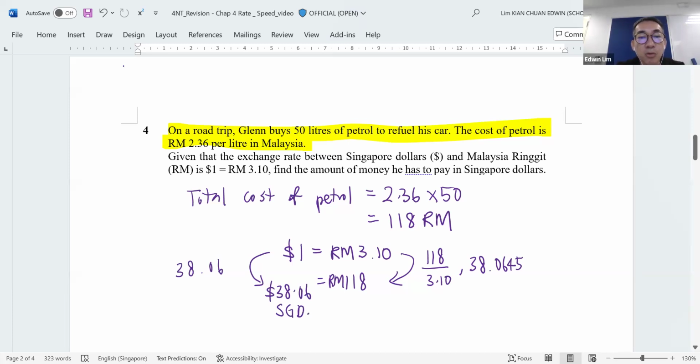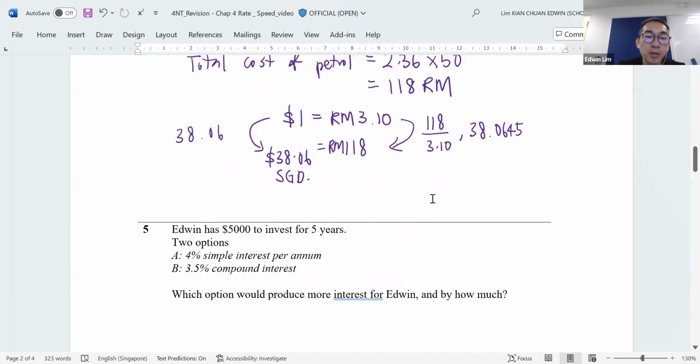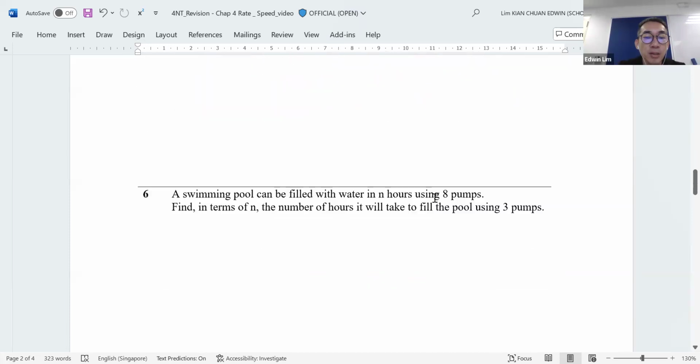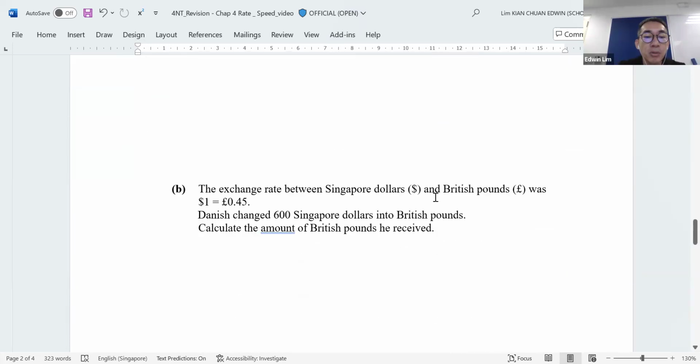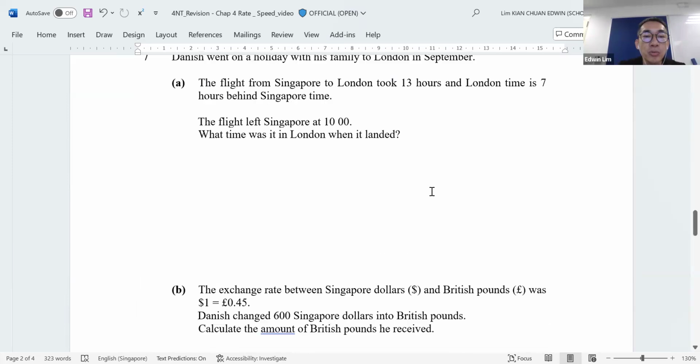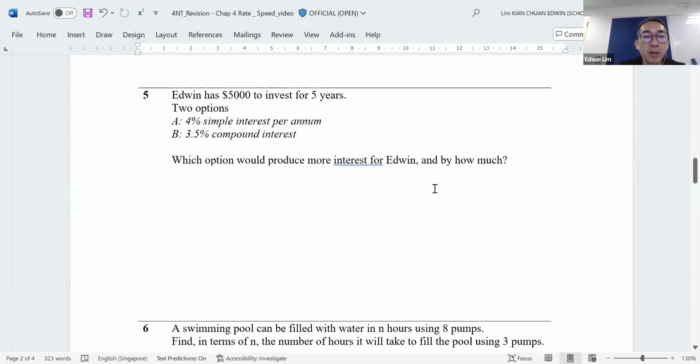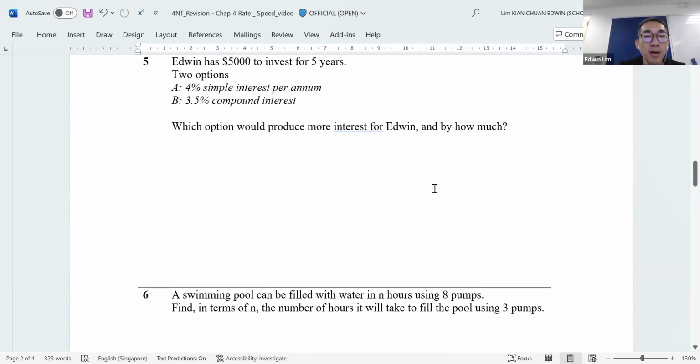Okay, so this is the solution for question number 4. I shall continue. I think I have about 3 more questions to go. It's all about rate. Okay, question number 5.